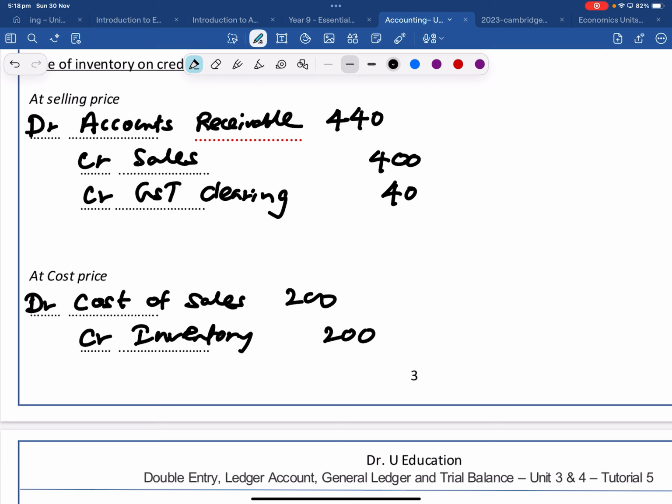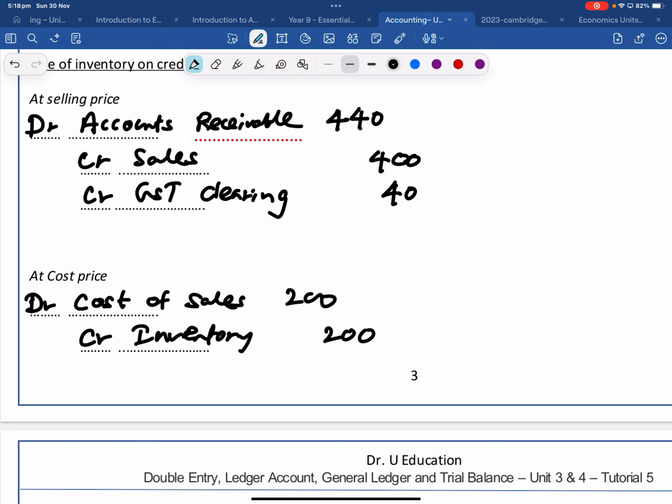Okay. Any other questions? Is it clear? So always when we do double entries in the future, you don't have to say in the exam at selling price, this one cost price. When you do, you can do all these 5 entries together, but get used to recording it like this, otherwise you guys get confused.